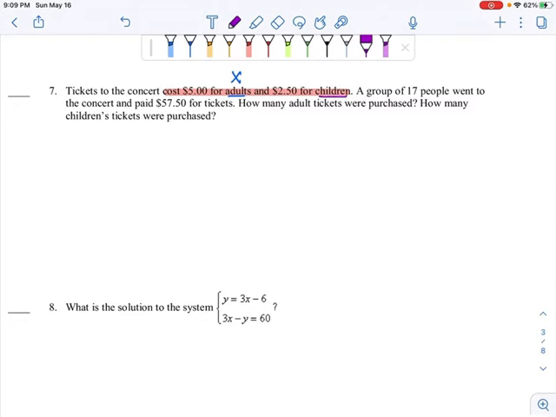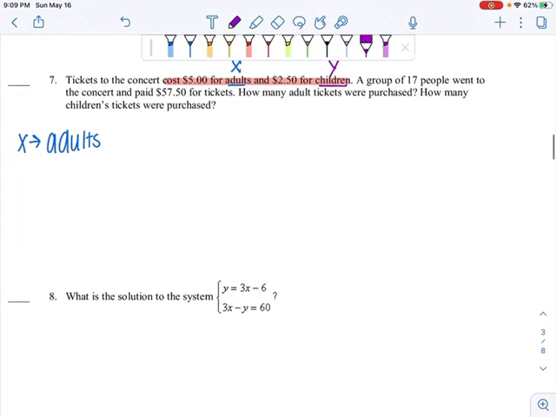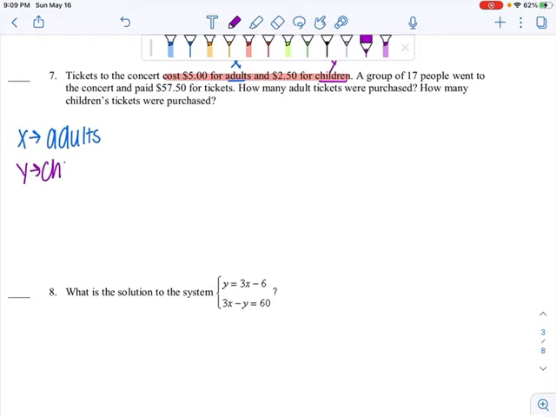So X is going to deal with the adults, and then Y will deal with the children. Okay, so right away we can say 5A, I'm sorry, not 5A, 5X for $5 per adult, and then plus 2.50Y for the children.